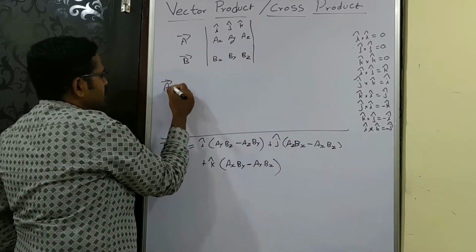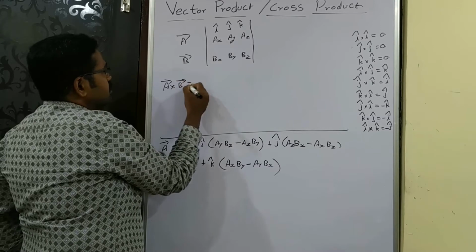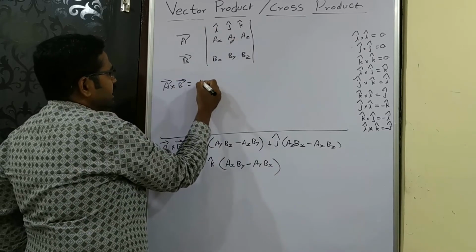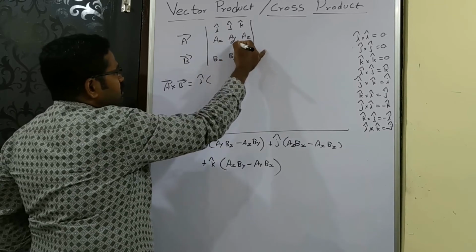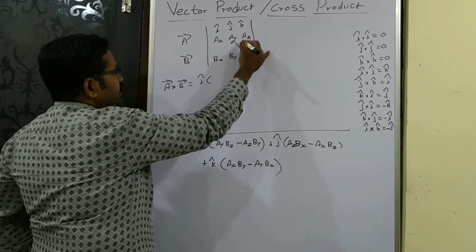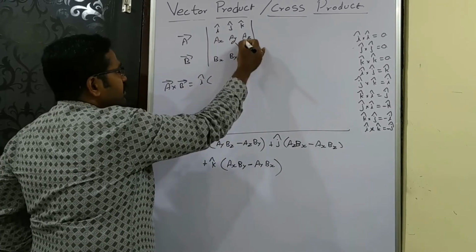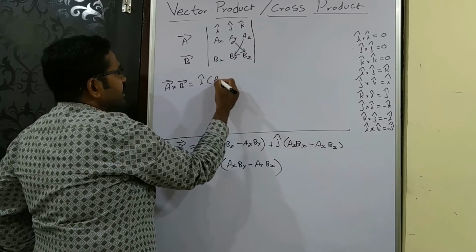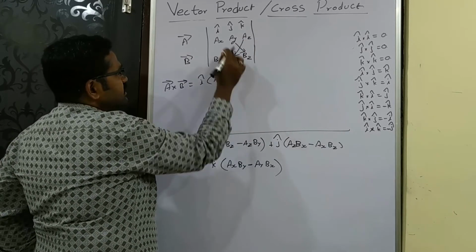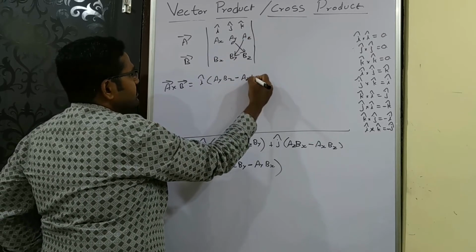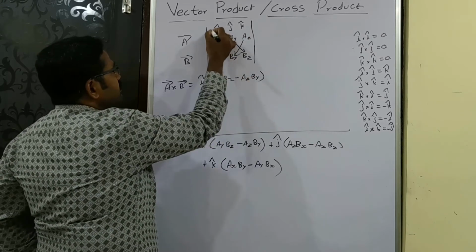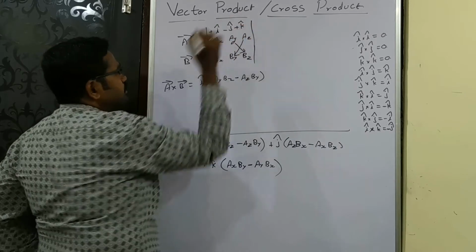Vector A cross vector B is equal to, I will be taking I component first, I cap, then leaving these components, I will be cross multiplying the other two components from left to right, that is Ay, Bz minus Az, By.